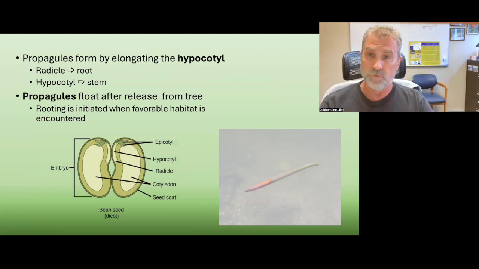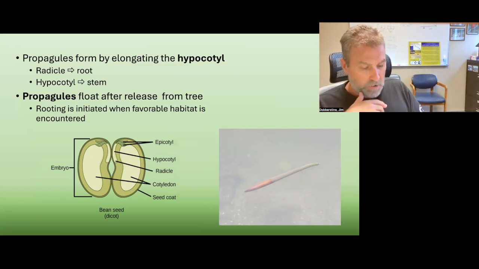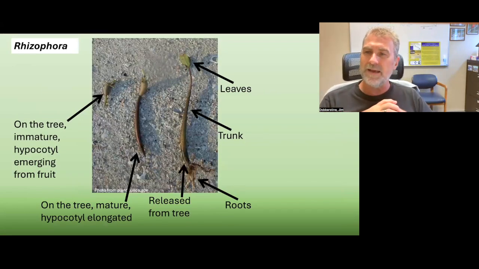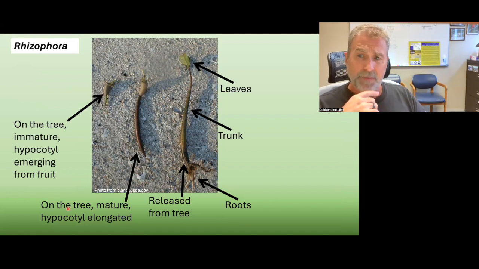Once these propagules release from the tree, they float, and they'll float until they find the right place in order to establish roots. Okay, so you can kind of get a sense of what this looks like through its various stages. So on the tree, you have that immature hypocotyl emerging from the fruit, and eventually it elongates, and then once it's released from the tree, it'll develop leaves.